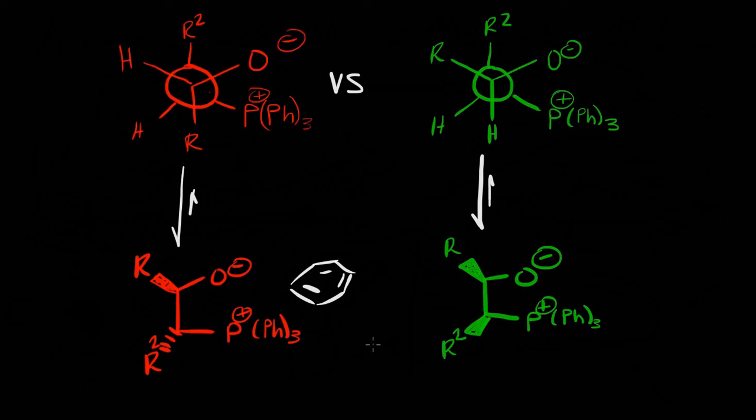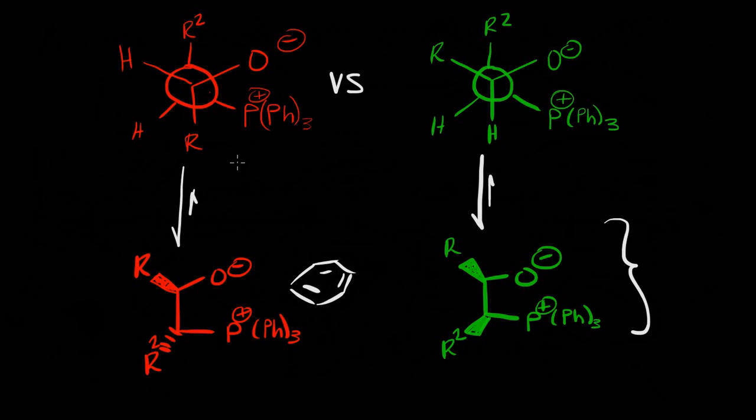Now there is a little bit of leeway, like if your R group is very small, then you might see maybe a 50-50 mixture of cis and trans product. But if your R group is big, if you had to choose, you'd probably pick the cis product. And the reasoning is, if your R groups are significantly smaller than our triphenyl phosphine group, then they'll want to have that cis interaction more than if it were on the same side or butting heads against the triphenyl phosphine group.